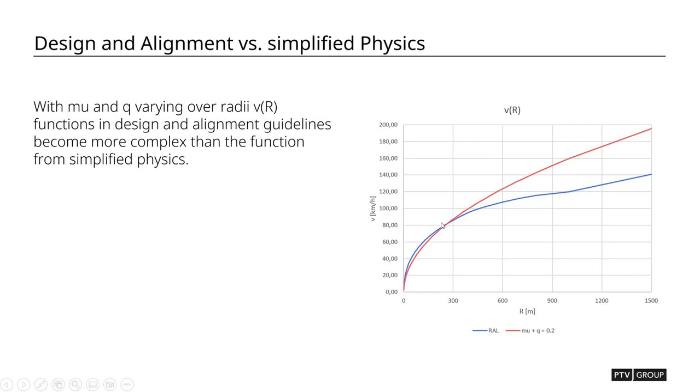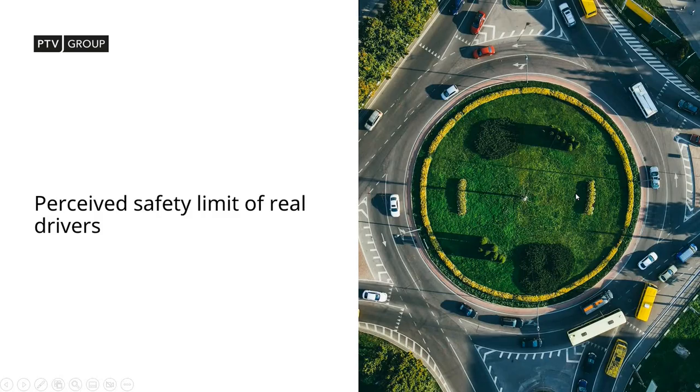Then you find that the guideline compared to that choice at first for small radii is more optimistic, and then it gets more and more pessimistic. And they're at that point where super elevation falls down for the first time to 2.5%. You have this bend. Fine, that's the design and guidelines, but it does tell us nothing about how real drivers drive.